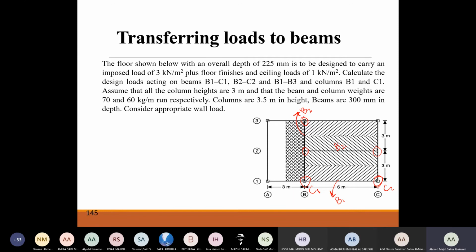You should know how to calculate the self weight of the wall, similar to beam load. So how? From where will you get the wall load?